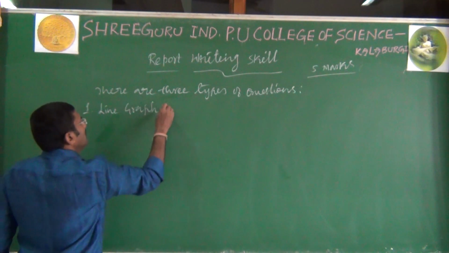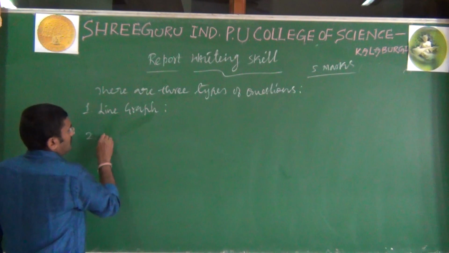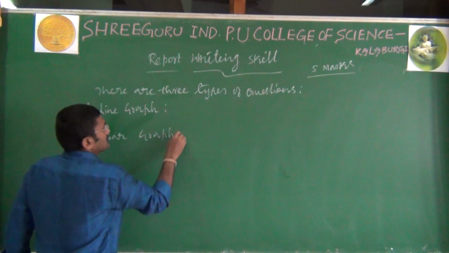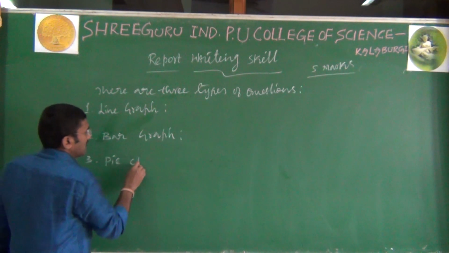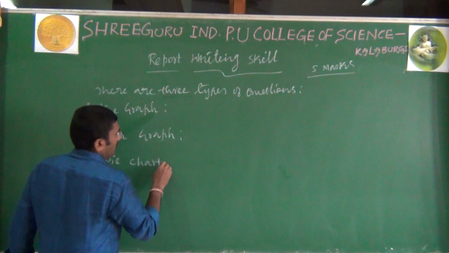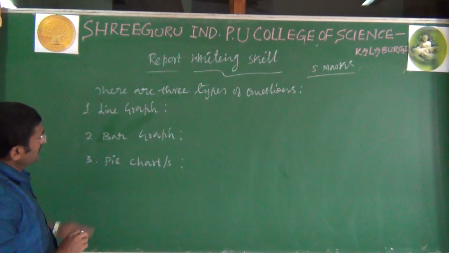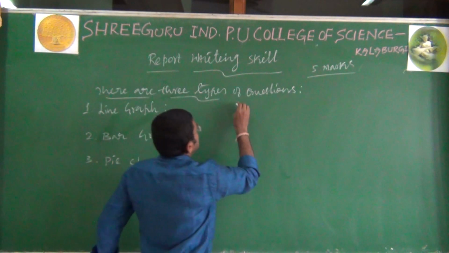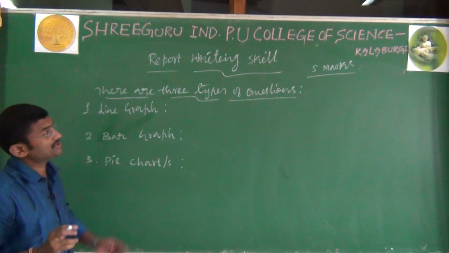Number 2 is bar graph. Number 3 is pie charts. My dear students, we come across these 3 types of questions, especially in report writing skills.